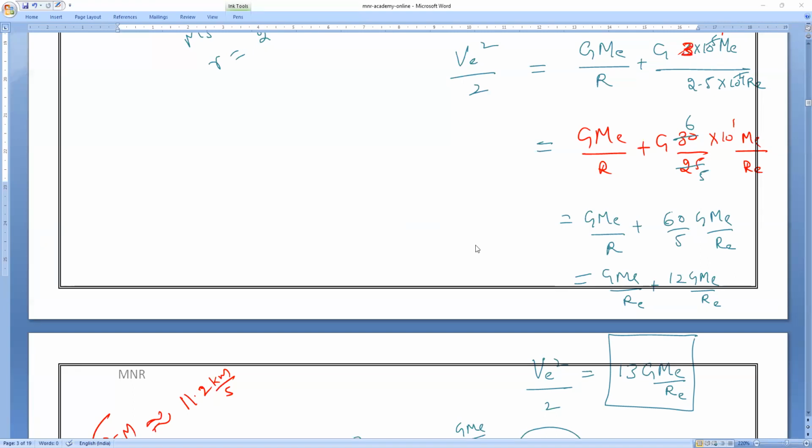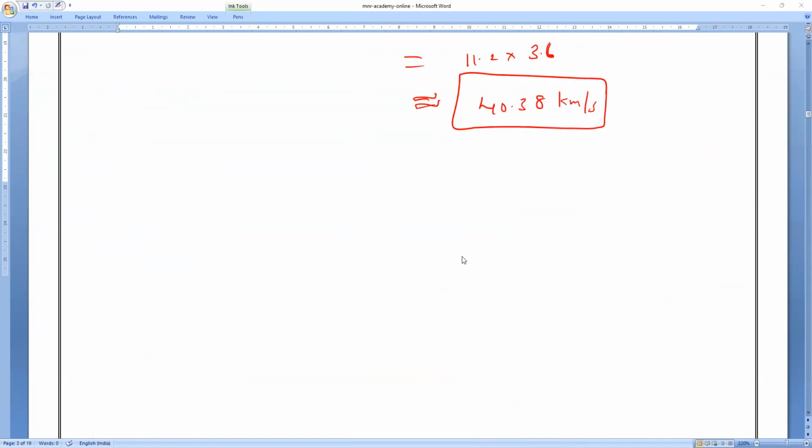Now the next concept which we are going to study is another most important concept. This is related to the circular motion we studied a long time ago. The concept is called the motion of satellites, that is, orbital velocity.